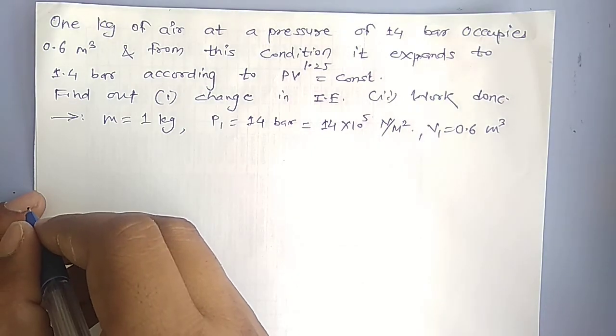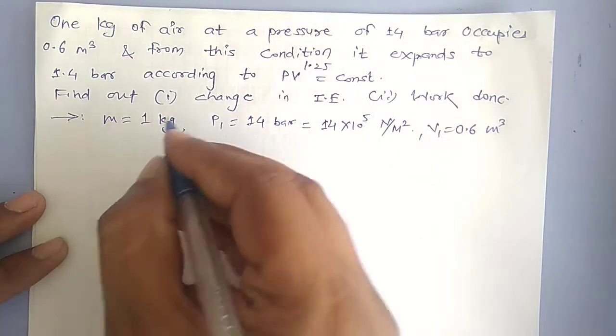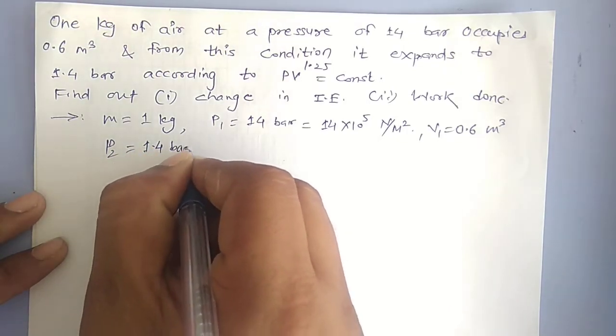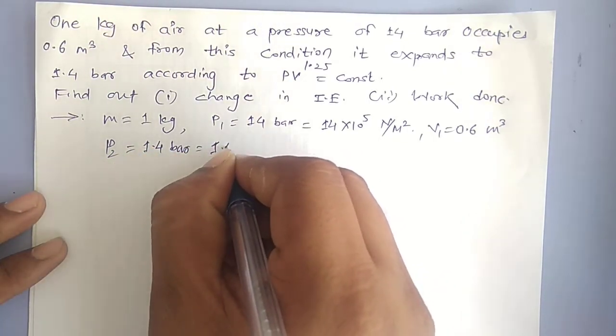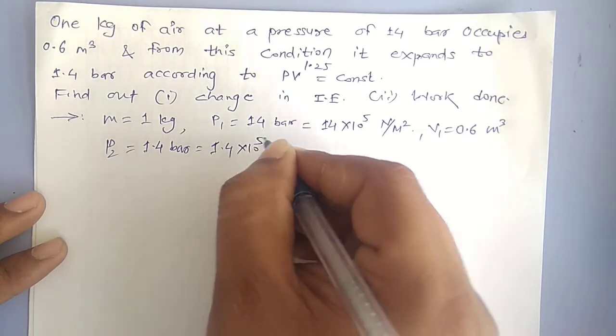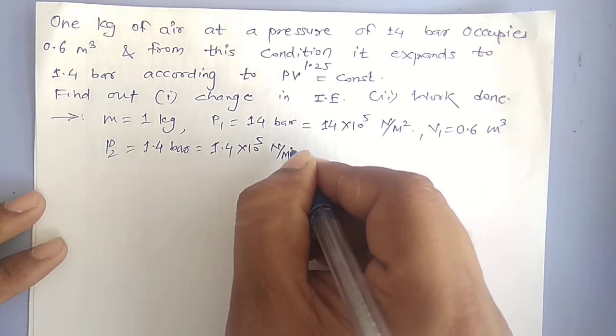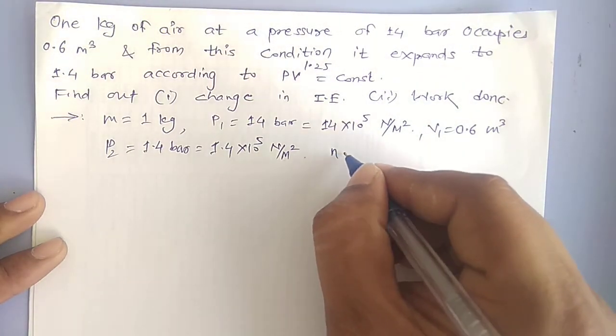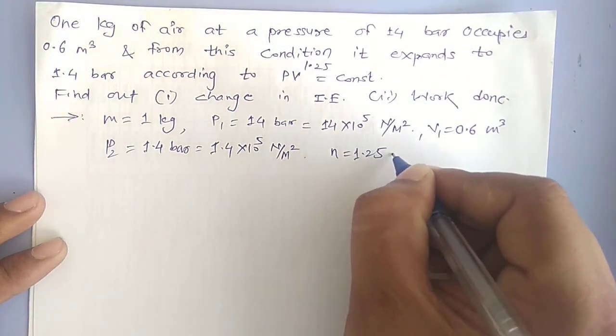And final pressure is given as 1.4 bar, that is P2 equal to 1.4 bar, which is again converted into Newton per meter square by multiplying by 10 raised to 5. And here the value of n is 1.25.